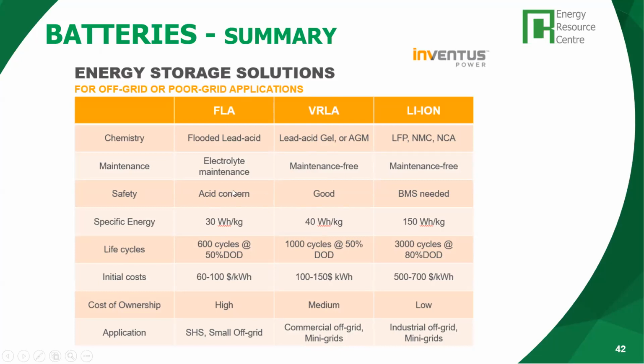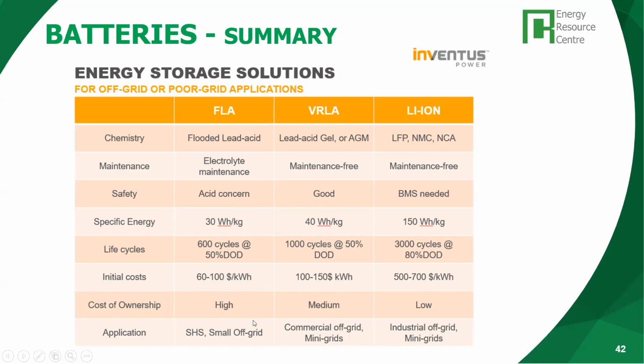Important aspects are safety, maintenance, and energy density, which for lithium-ion is between 3 and 5 times more than that of the lead-acid battery. Life expectancy: at least 3,000 cycles for lithium-ion, and a maximum of 1,000, or 1,500 if we are lucky, for lead-acid. The initial costs are higher, but then we will need much fewer replacements with lithium-ion.